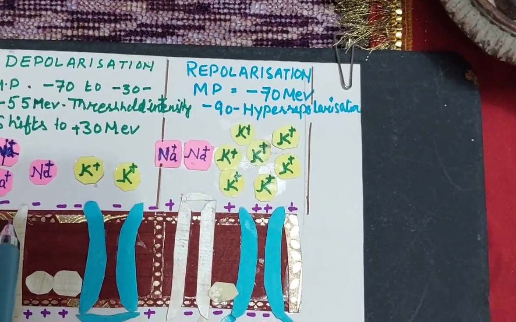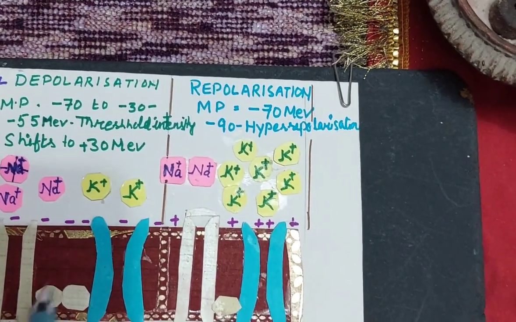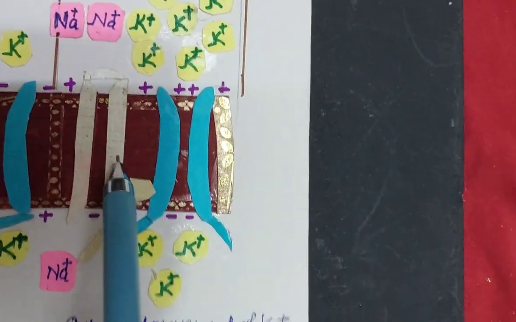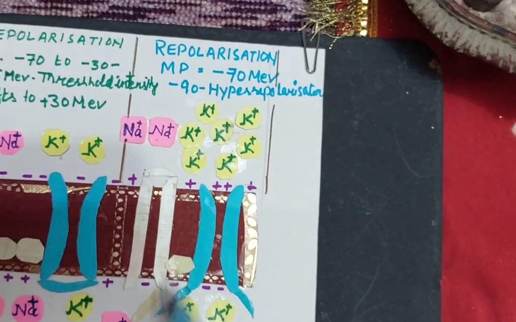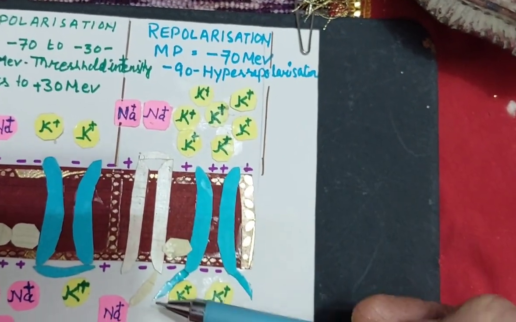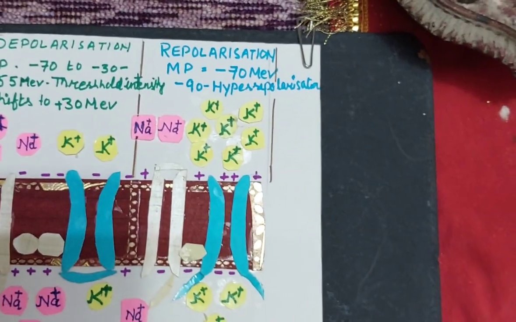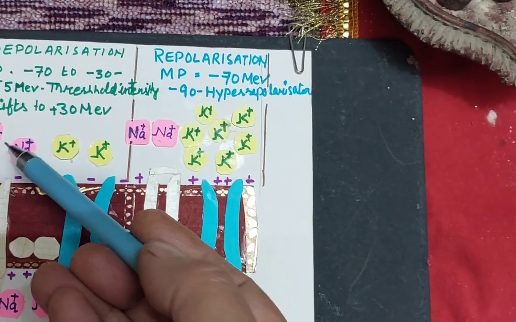Understand? This stage is called depolarization, and here the inward movement or influx of sodium occurs due to the opening of more sodium leaky channels and voltage gated sodium channels. Then comes another stage called repolarization, because a difference is created in the number of ions inside and outside. Here there is more sodium inside and less sodium outside.